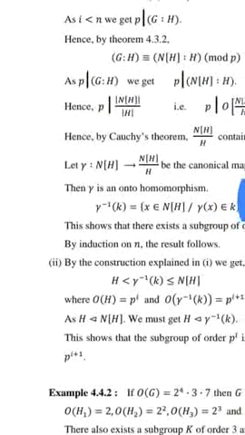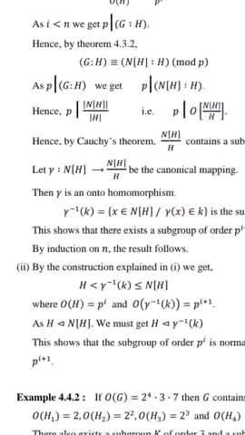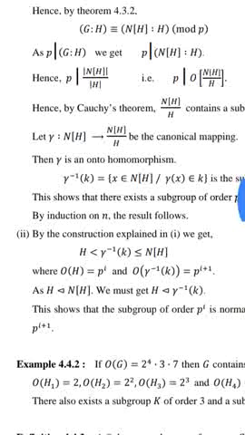By the construction, H is a subgroup of gamma inverse of K, which is a subgroup of N(H). The order of H is p raised to i and the order of gamma inverse of K is p raised to i plus 1.